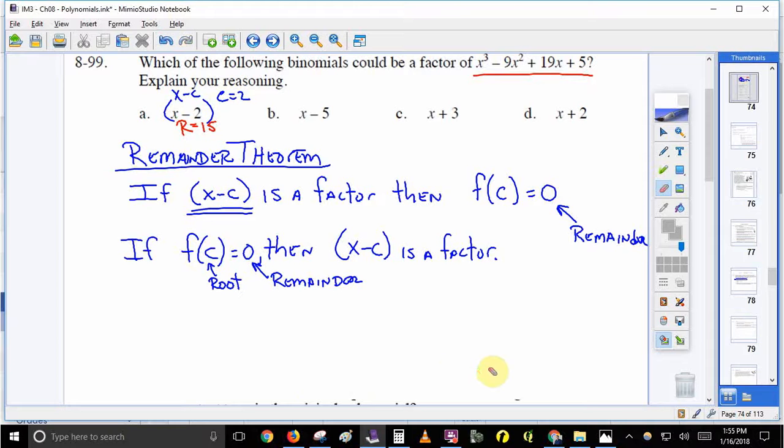So let's try another point. Let's try x minus 5, which would make c equal to 5.